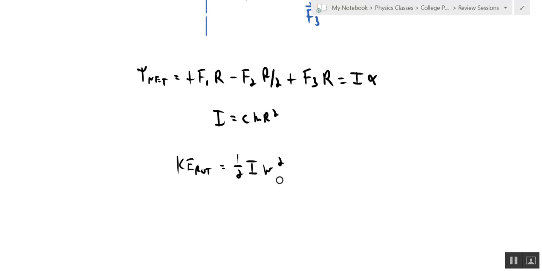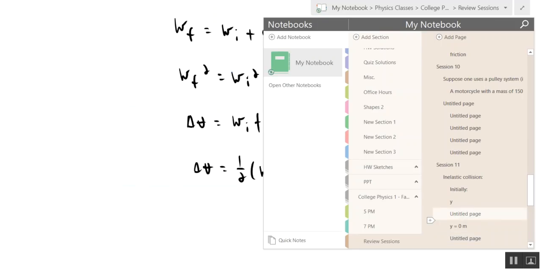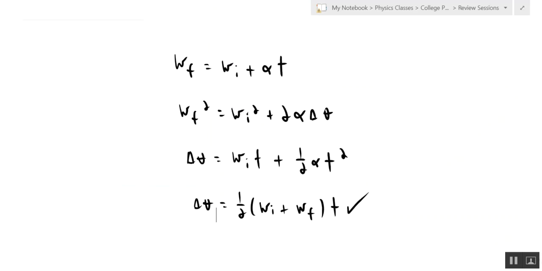Now you know the omega, you know that it starts from rest, and you know the time it takes to go from the initial to the final omega. So we want to find alpha. So it's using these equations again. So from kinetic energy, you know omega F. You know omega I is 0 because it starts from rest. You know the time, and you're trying to find the alpha, right? So then you use this equation here.